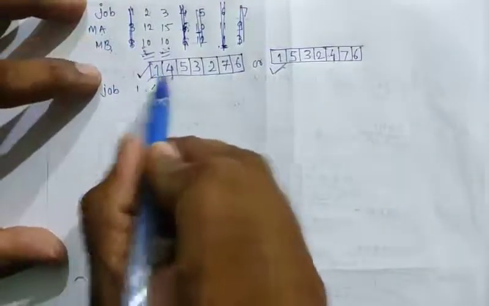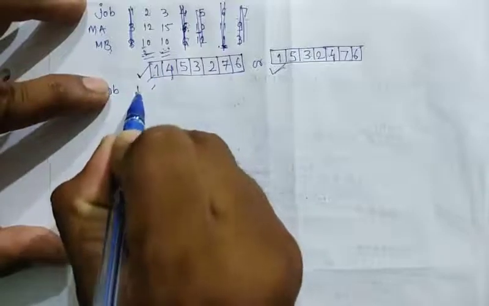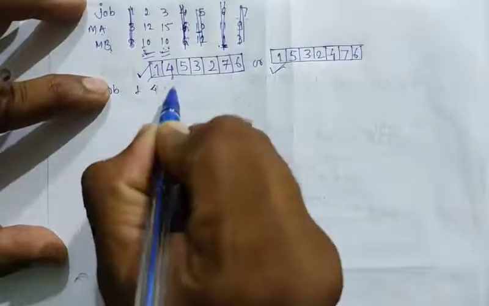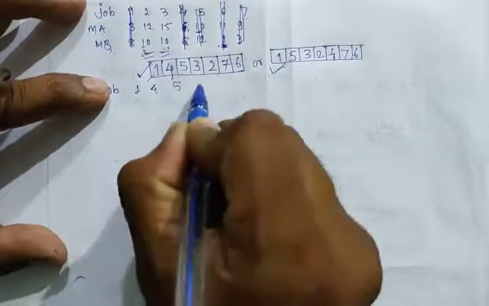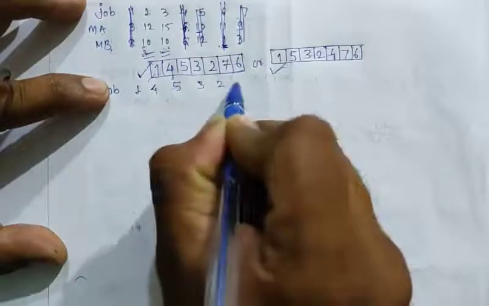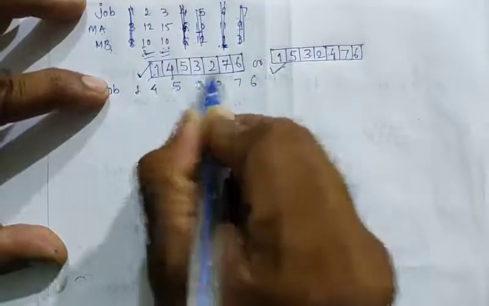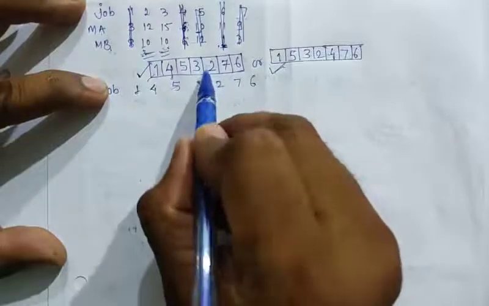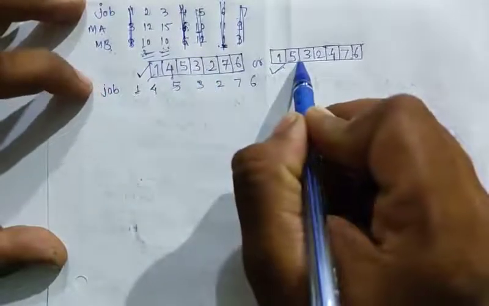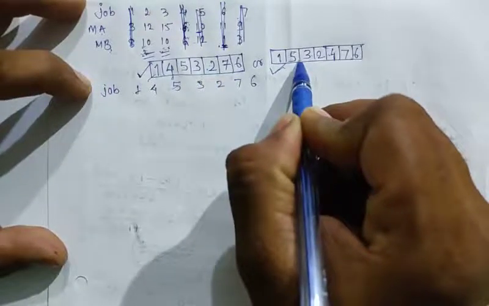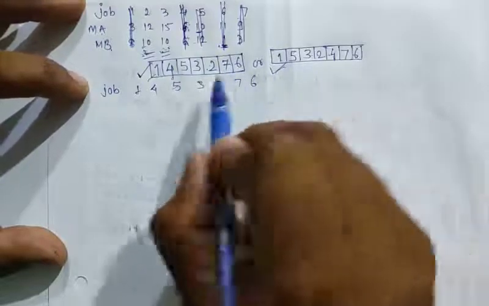We write the given sequence: 1 4 5 3 2 7 6. We solve the first sequence; you can solve either one, so idle time and total elapsed time will be the same for both sequences.